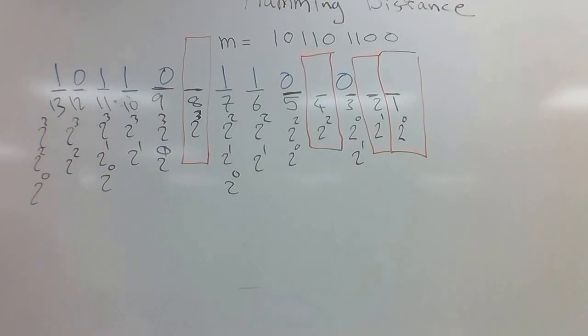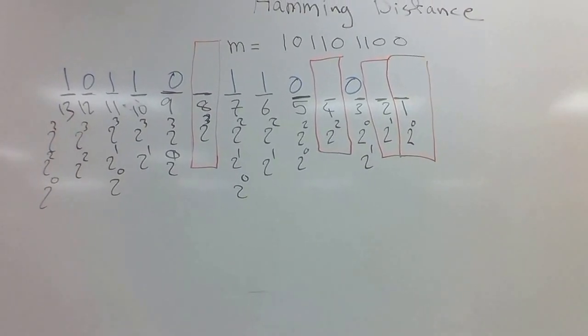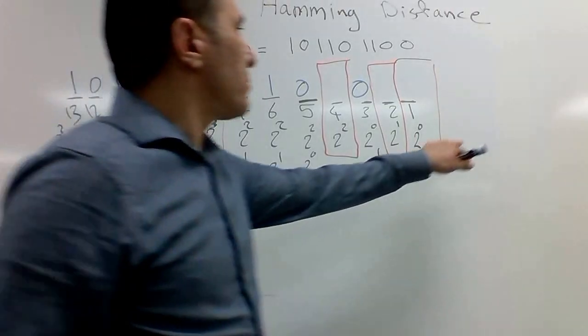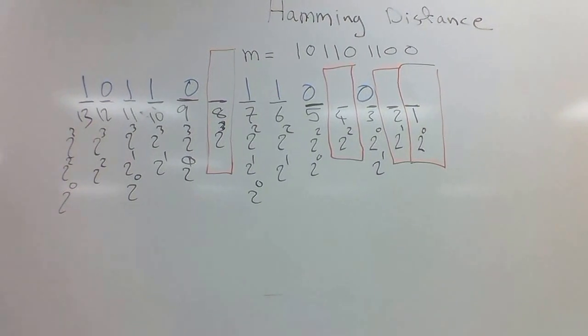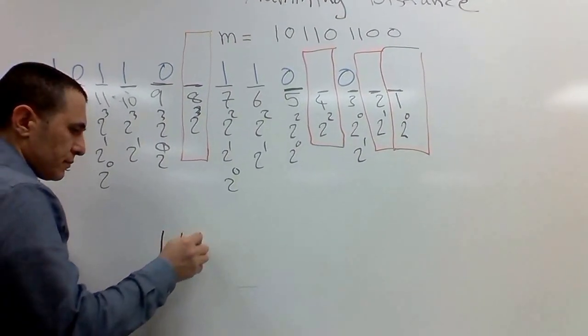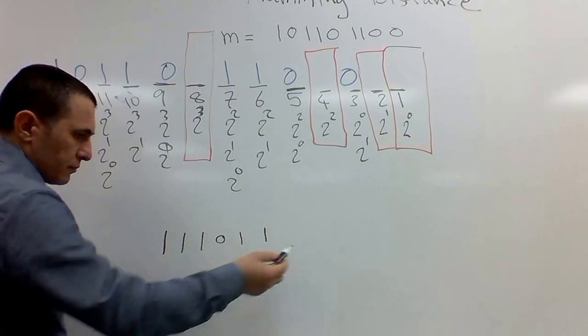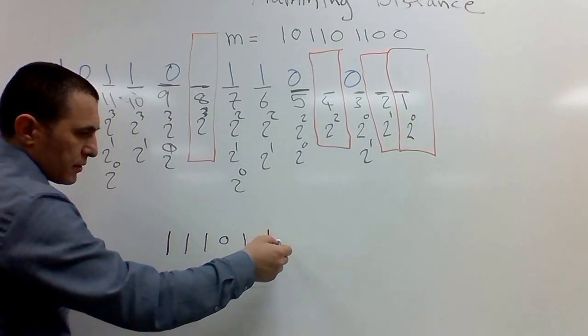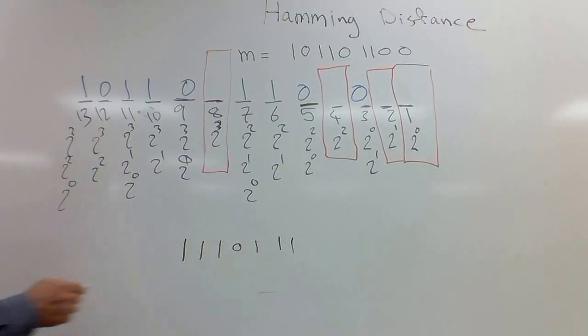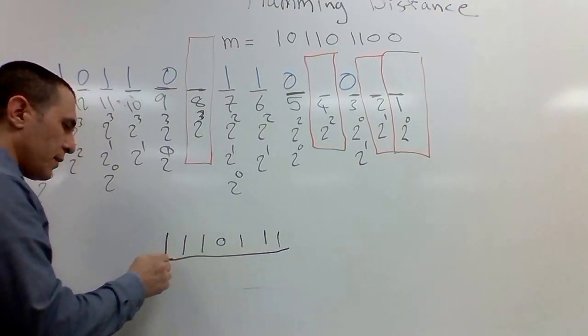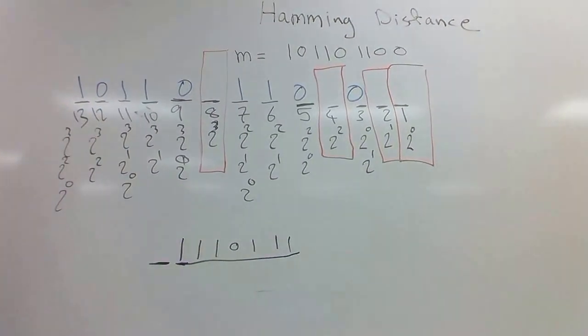If I didn't tell you what it is, you can pick either, but you have to tell me that you picked odd or even parity. What do I mean by odd and even parity? Let's say we had 7 bits. They used to add a parity bit. What was a parity bit?